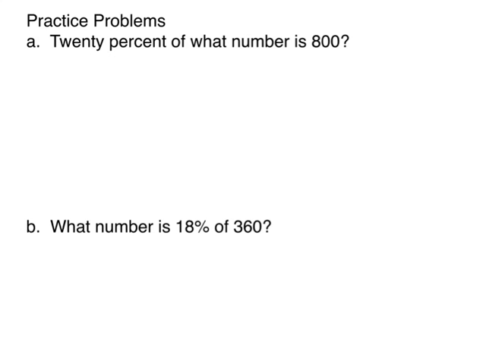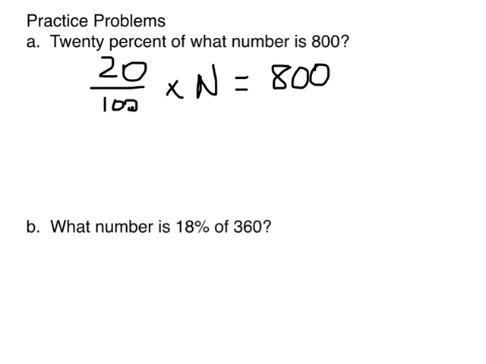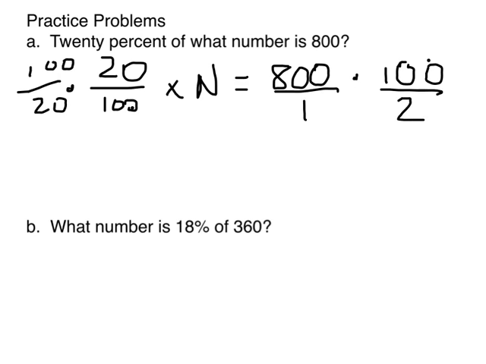Alright, 20%, that's going to be 20 over 100, of what number is 800? Alright, now I'm going to invert and multiply over here. So I'm going to have to do that very same thing over here. Now I know that I can reduce, this will all cross cancel out, which is good, leaving n by itself.